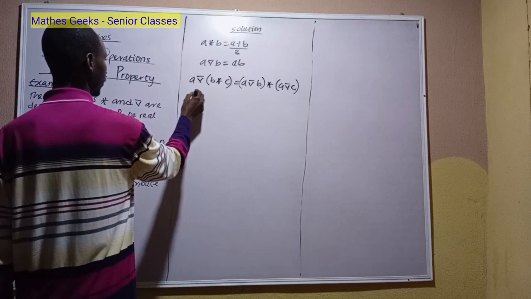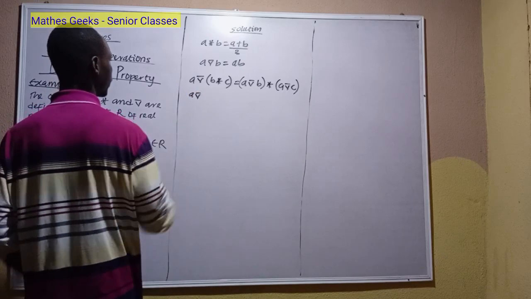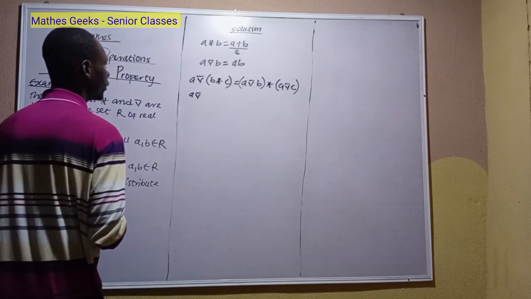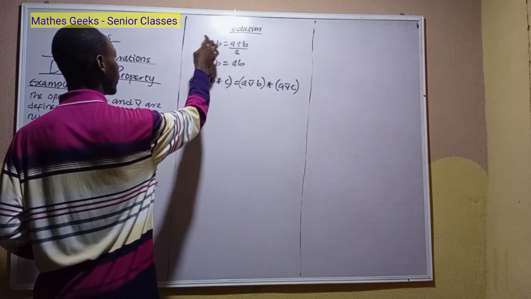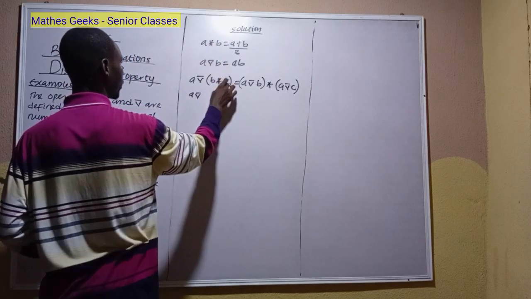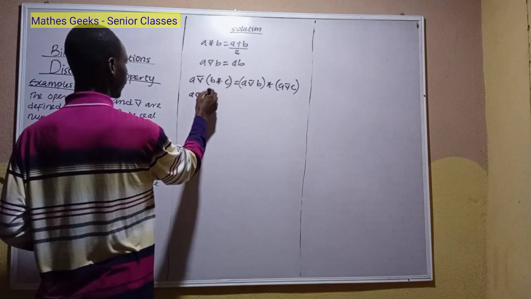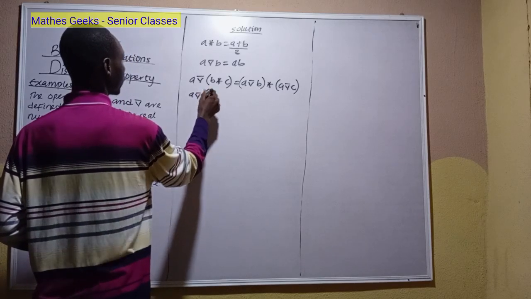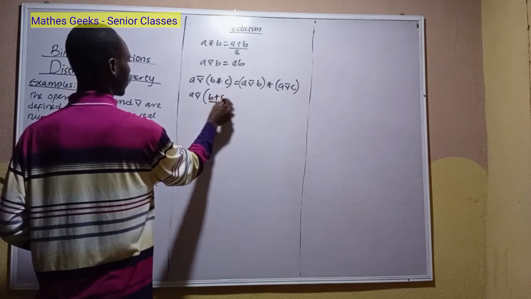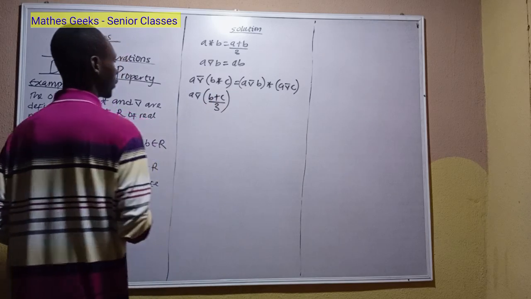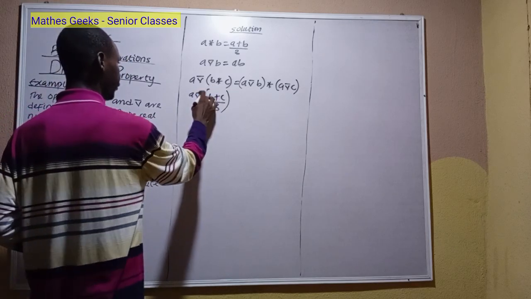First, a ∇ (b star c). So b star c: b replaces a and c replaces b, so that will give us (b + c)/2.